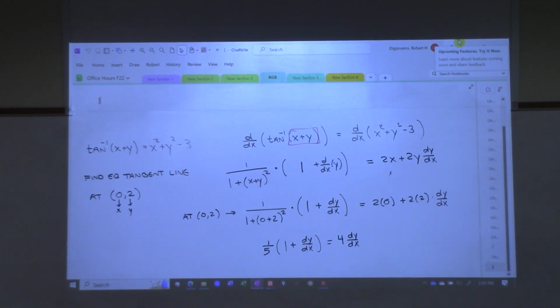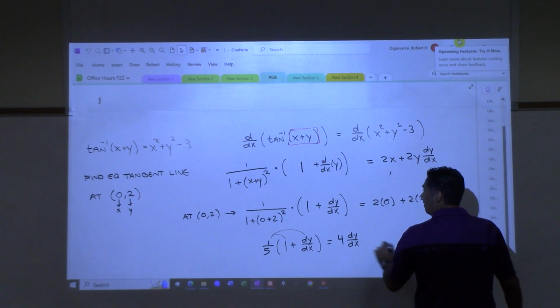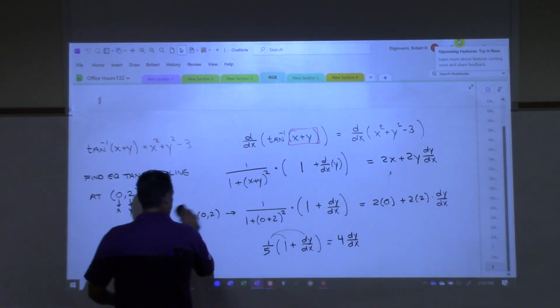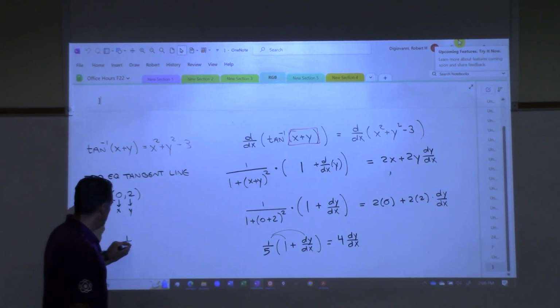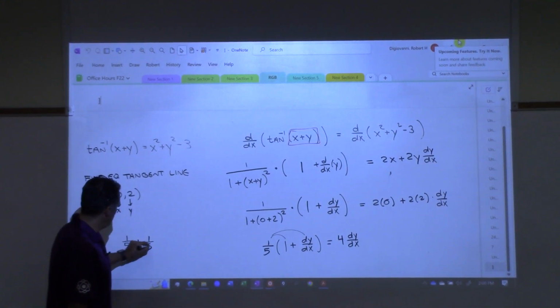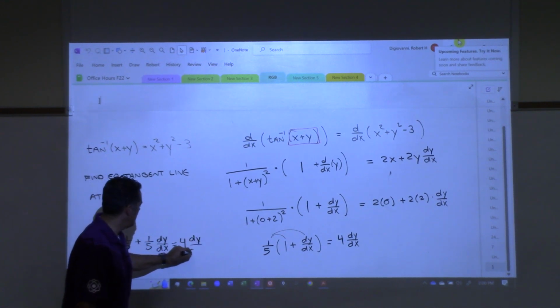You've got to distribute that 1/5 through first, don't you? Okay, so let me continue. This is going to be 1/5 plus 1/5 dy dx equals 4 dy dx.